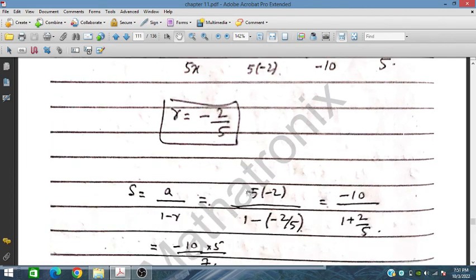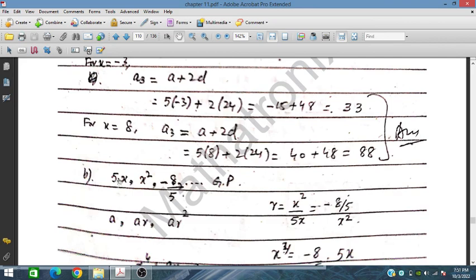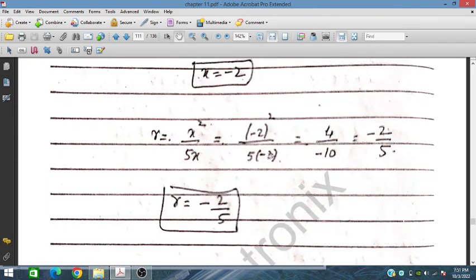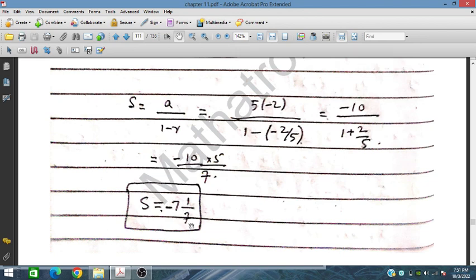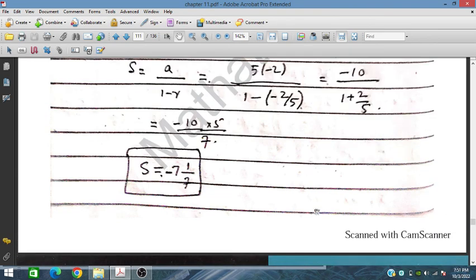So this is a, 5x, where in place of x we write minus 2 as we obtained earlier. So on simplifying, we obtain s equal to minus 7 and 1 upon 7. So this was part B.